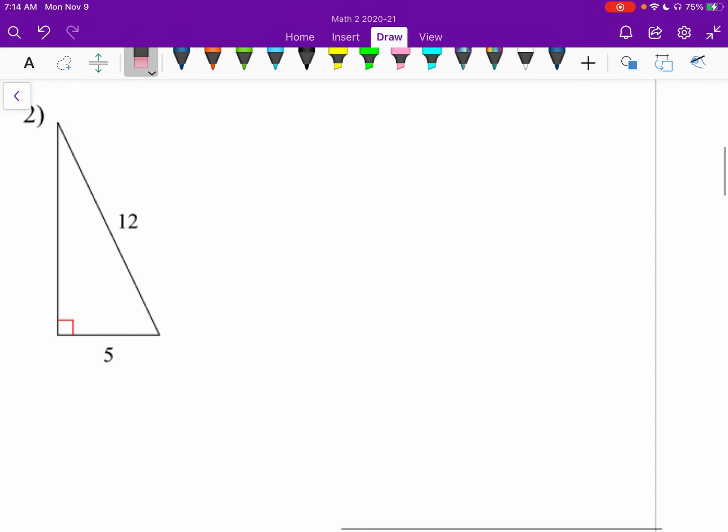We're going to start off by finding our x here. So we're going to say, well, x squared plus 5 squared is 12 squared.